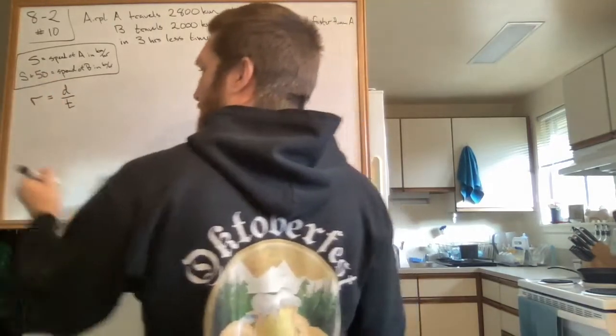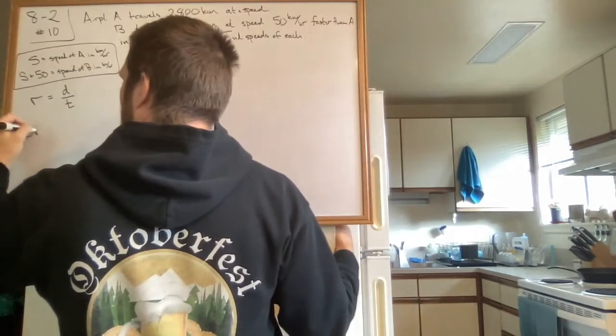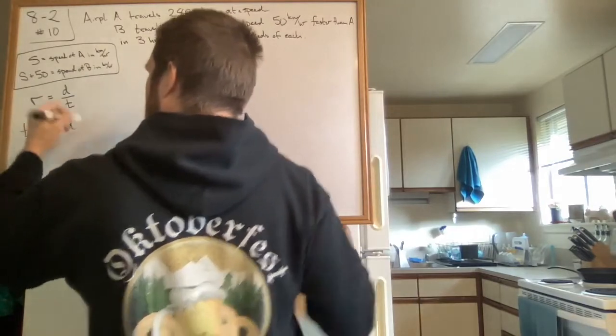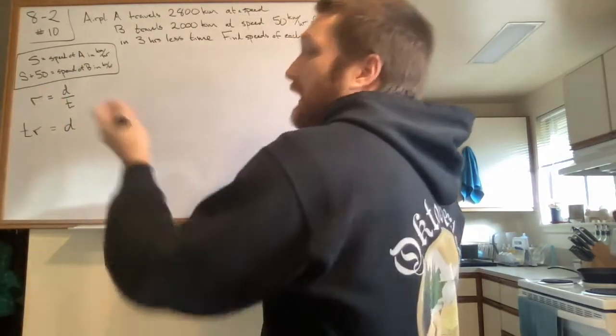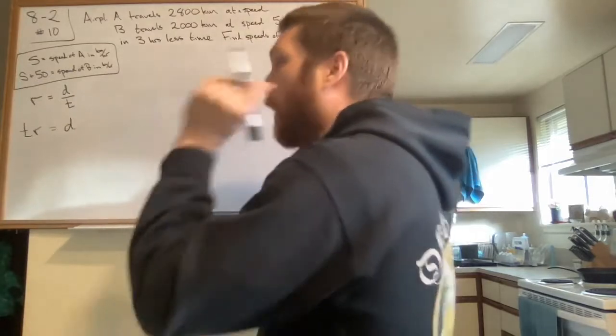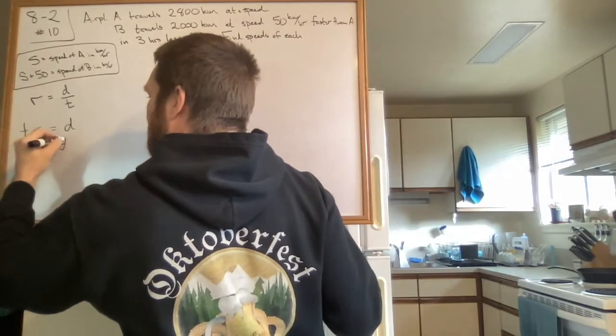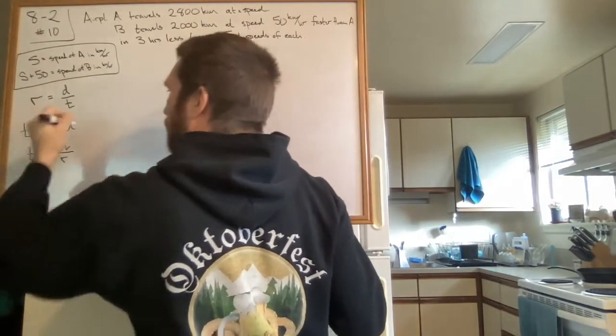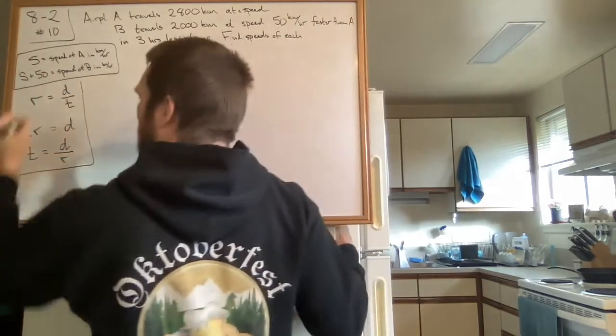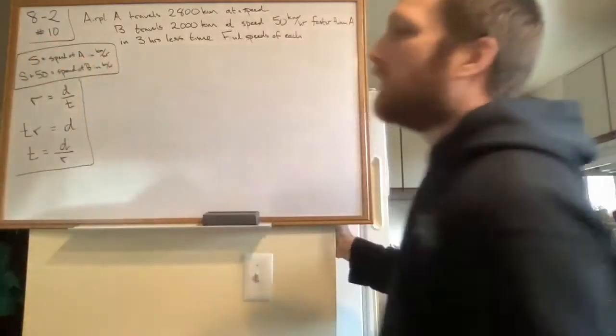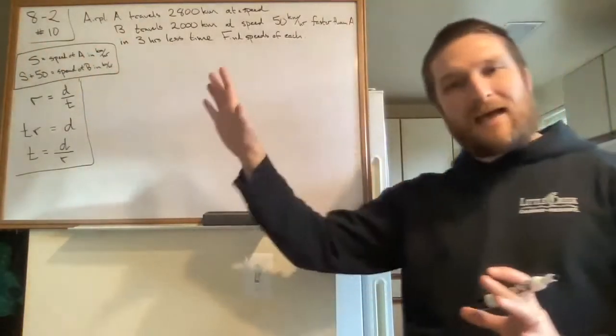Multiplying both sides by t, we get time times rate is equal to distance. I could also divide both sides by r to get that time is equal to d over r. So there are a bunch of different ways of writing that. I'm not sure which one I want to use yet, but it's nice to have them on my page.